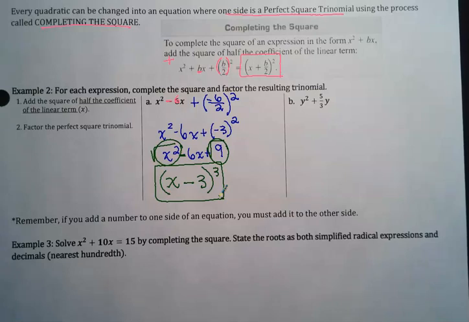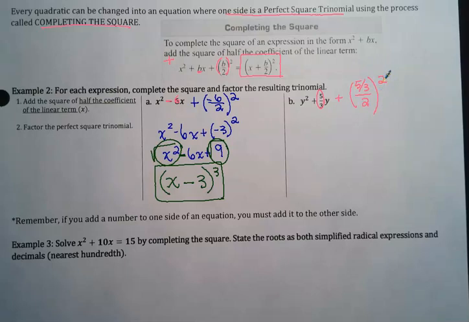Now, it can also be done in part b, which has a fraction. We have y squared plus 5/3 y. All right, our b here is the 5/3, the coefficient of the linear term. So we're going to add 5/3 divided by 2 squared.